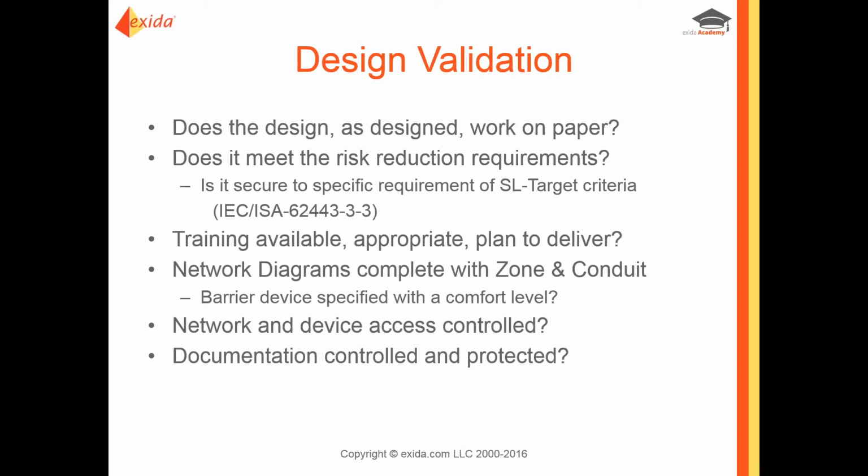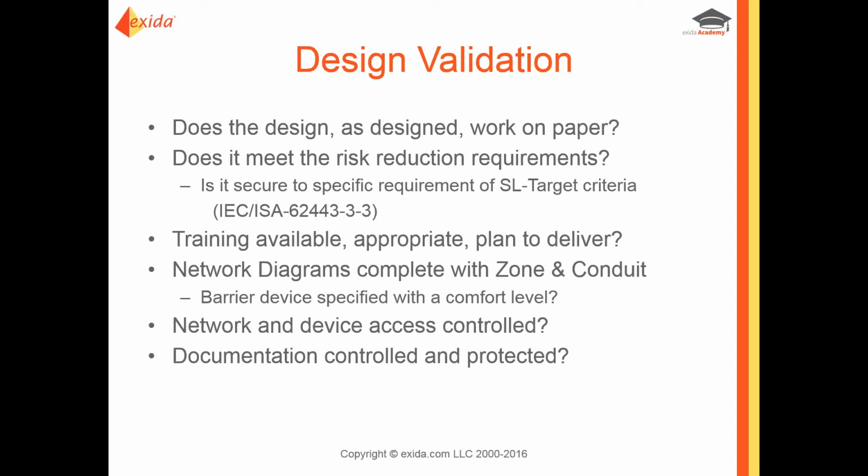At the end of detailed design, you want to make sure that the design works on paper, that it's going to do what you intended it to do. Also, you want to make sure you didn't make any compromises to the risk reduction requirements. Training should be available and appropriate, with a plan to deliver the training to those who need it.